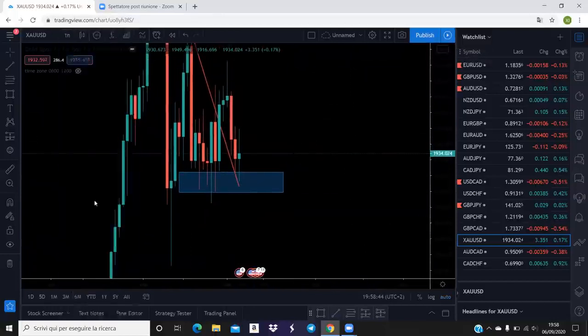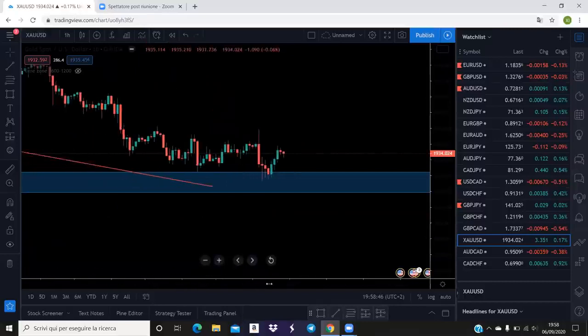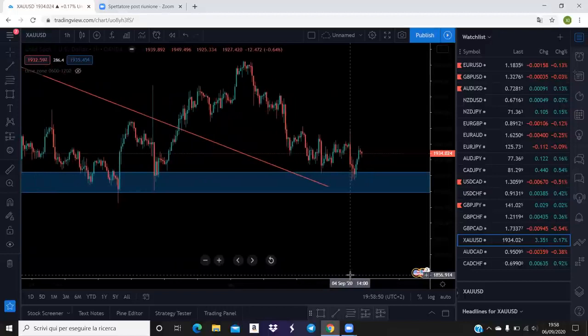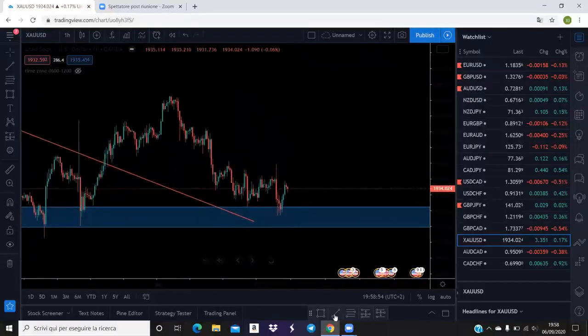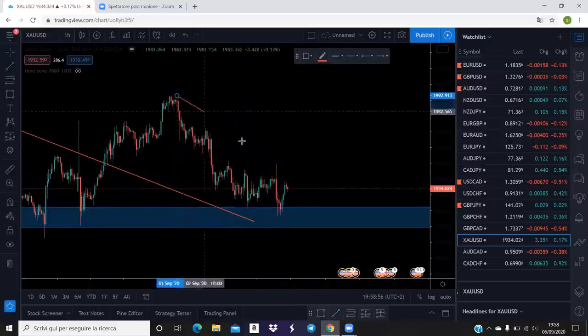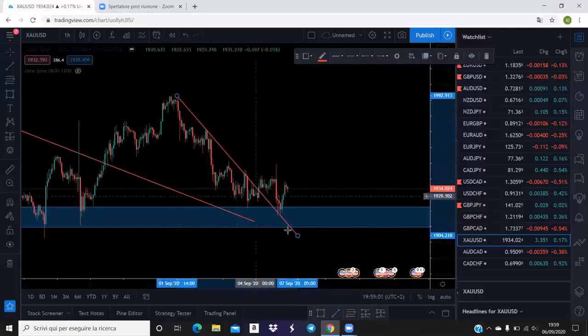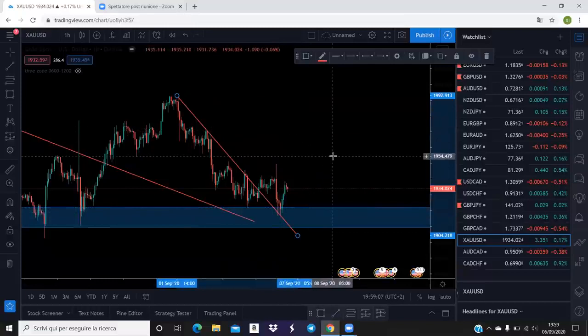If we drop maybe to the 1 hour chart, I can show you that, in my opinion, we broke above it. We are retesting this level. At the moment, we are retesting also this downtrend, which was broken above, and then we retested right here. I believe that finally gold is meant to go up.